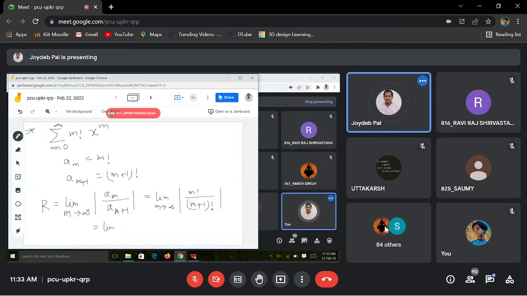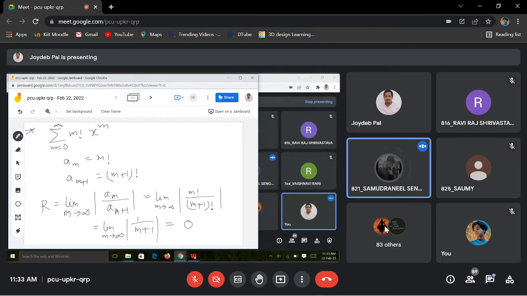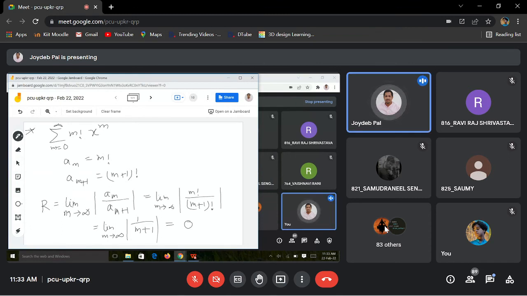Are you getting it? Yes, sir. It is then 1 by m plus 1, and the limit as m tends to infinity of 1 by m plus 1 becomes 0. 1 by infinity, 0. So what are we getting?